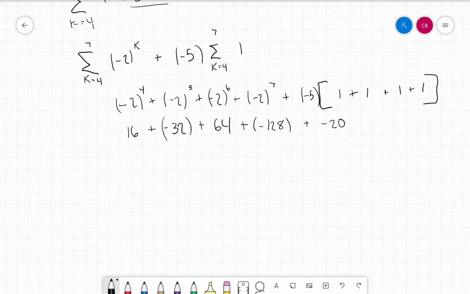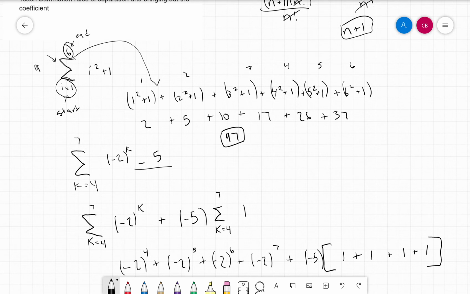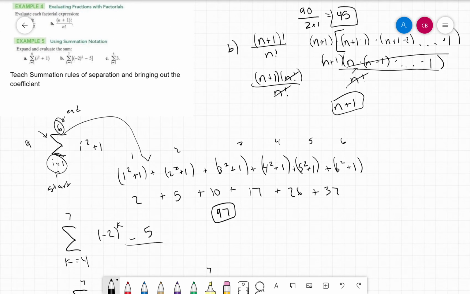If we add all this together, we have 16 plus 64 minus 32 minus 128, and then minus 20. Negative 100 is your answer for this one. As you can see, there are different ways to do this. Let's do the last one.